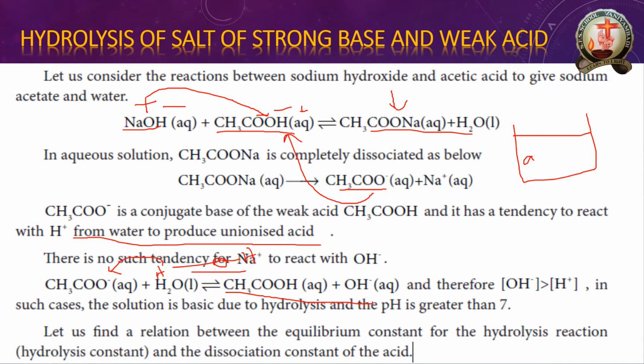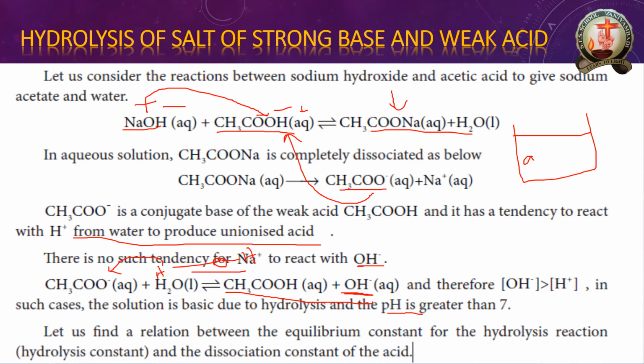So the free acetic acid is there. The chamber contains water, and that water contains H+ and OH-. That H+ attacks this acetate ion, so acetic acid is regenerated and OH- ion is regenerated. What happens here? The OH- ion concentration will be greater, because more OH- is formed, because the medium is a water medium.